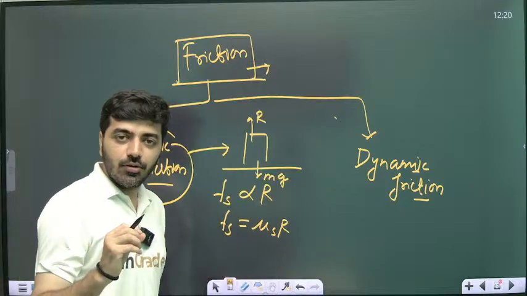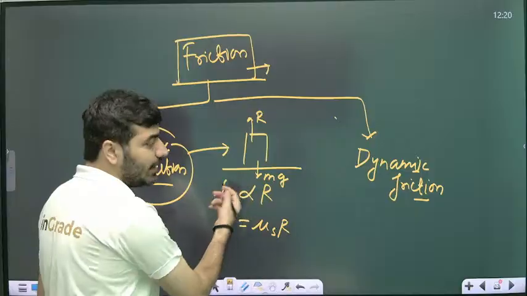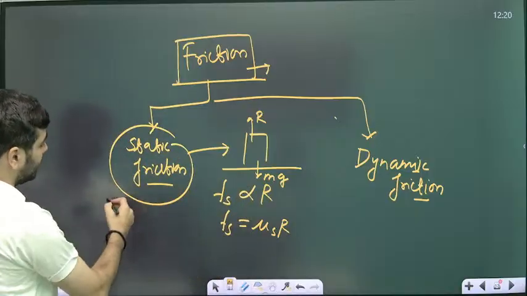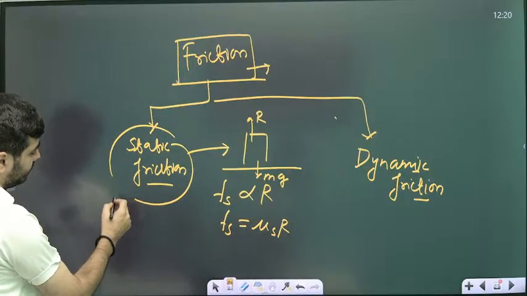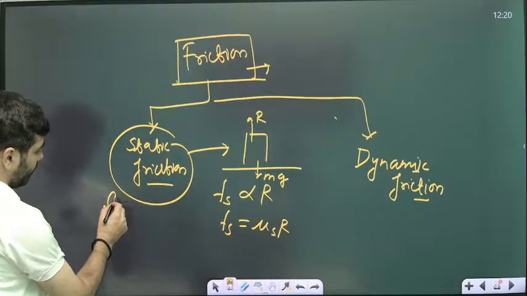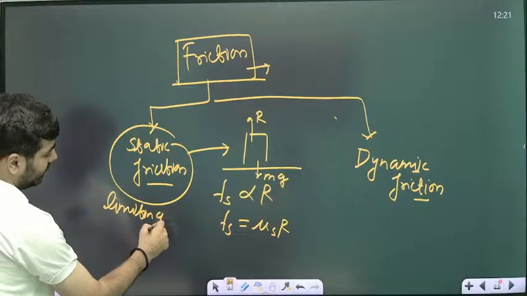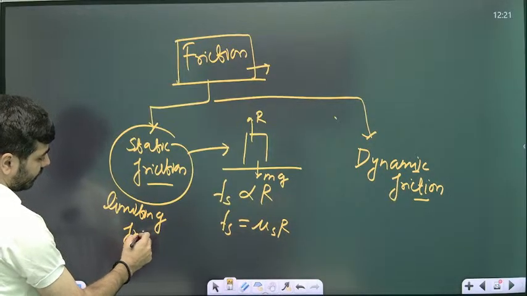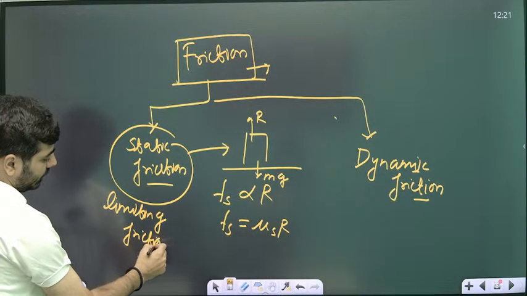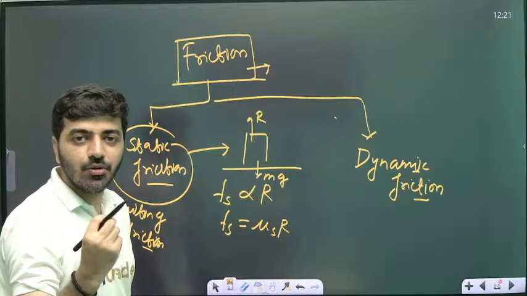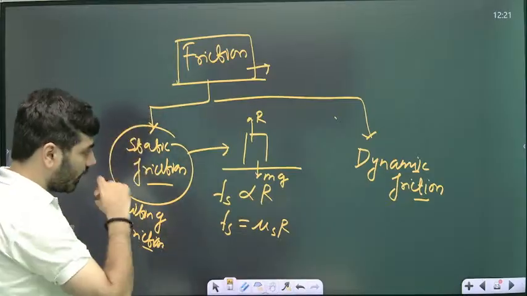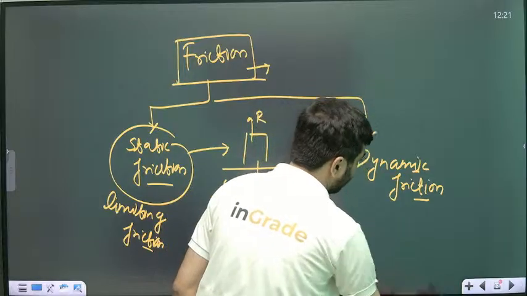We do not want to move the body, so we call it static friction as well as limiting friction. Limiting friction means it limits the motion of the body. I will teach you this in a graph.